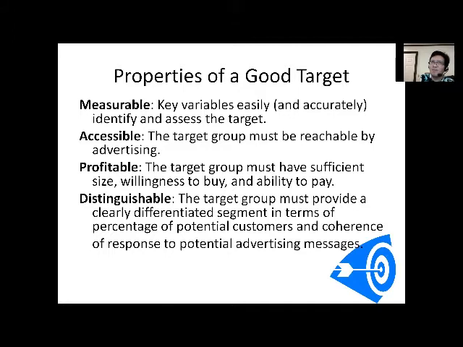So that kind of defeats the purpose of using an online advertising strategy. Then we've got profitable. When it's profitable, we mean the target group has sufficient size, there are enough people who could buy the product, they are willing to buy the product, and like we said earlier, they have the means or the money to buy the product.